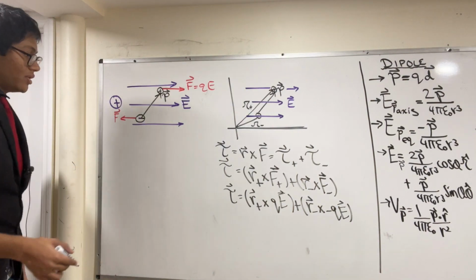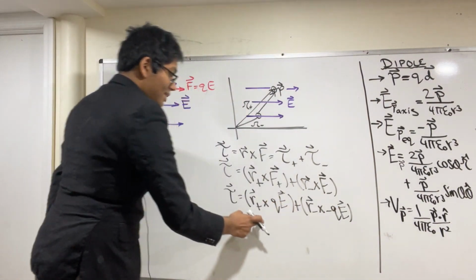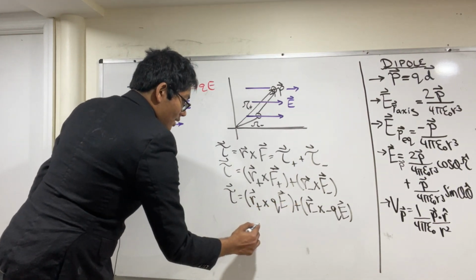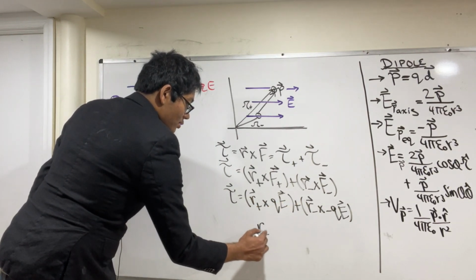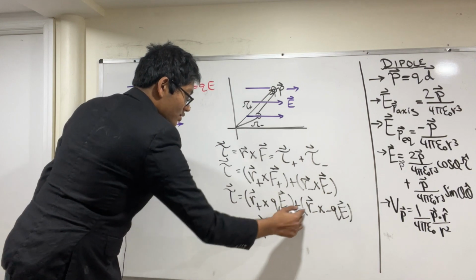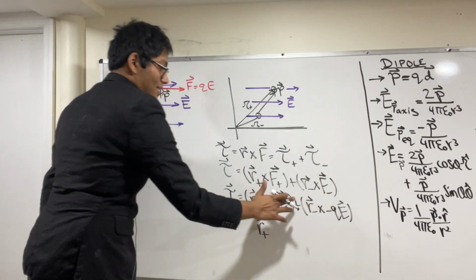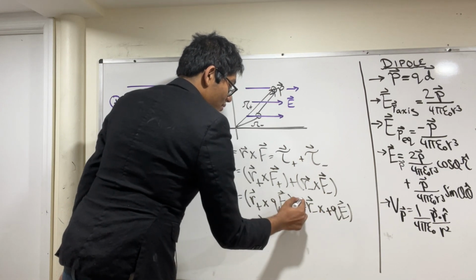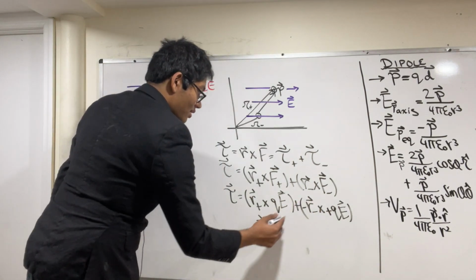And now what are we going to have? Well, let me go ahead and jumble things up a little bit. Let me rewrite this as the distance to the positive charge, and then since I have a minus sign here, I'm going to move this minus sign to this negative r vector, r vector, not r hat.